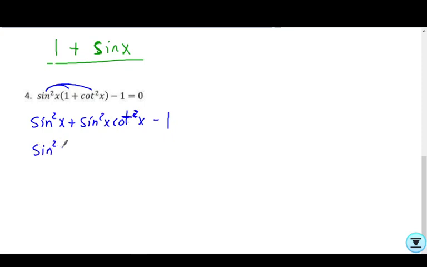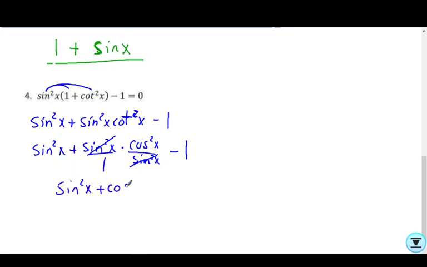So I'm going to change cotangent to its cosine squared over sine squared, minus 1. Sine divides out with sine, which leaves me with sine squared x plus cosine squared x minus 1. And this right here is one of my Pythagorean identities, and it equals 1. So we end up with 1 minus 1, which is 0, which is what we're looking for. Okay?